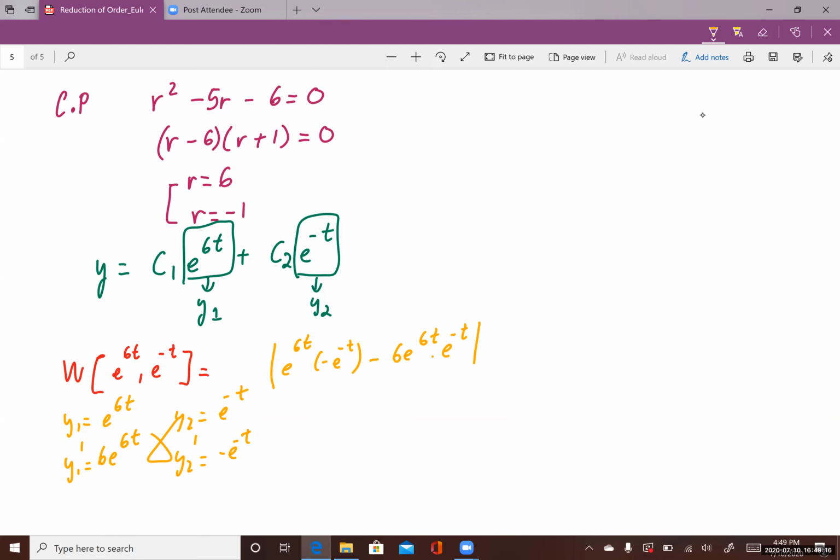Okay, and then you will get negative e to the 5t minus 6 e to the 5t. So then the answer is -7 e to the 5t.